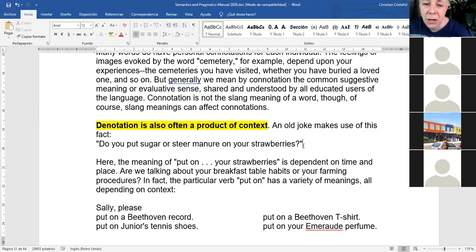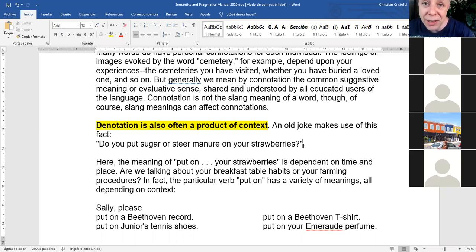Because strawberries here has different meanings. If you put sugar on your strawberries, you can imagine you have a bowl with washed, cut strawberries and you put some sugar on it. But if you say, do you put fertilizer on your strawberries, it means you have the strawberry plant, and you put fertilizer on it.